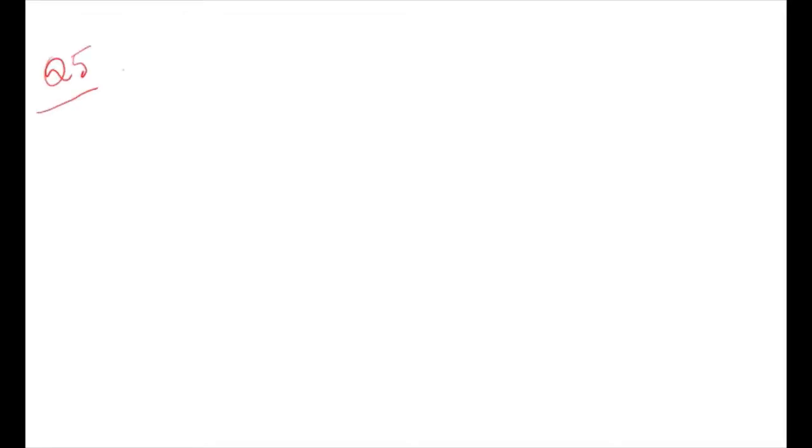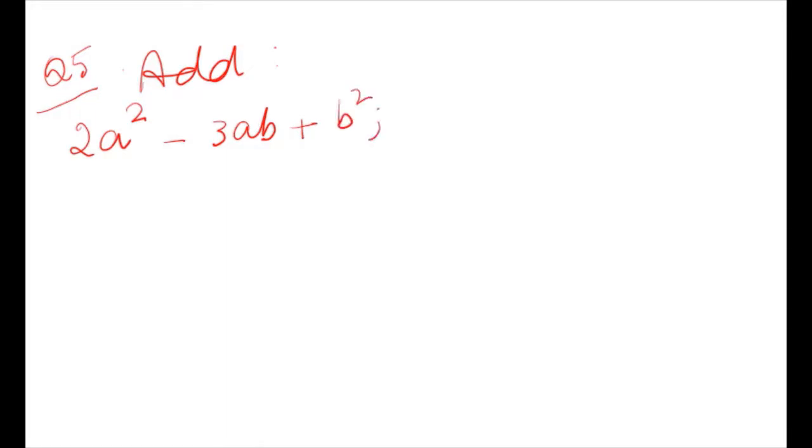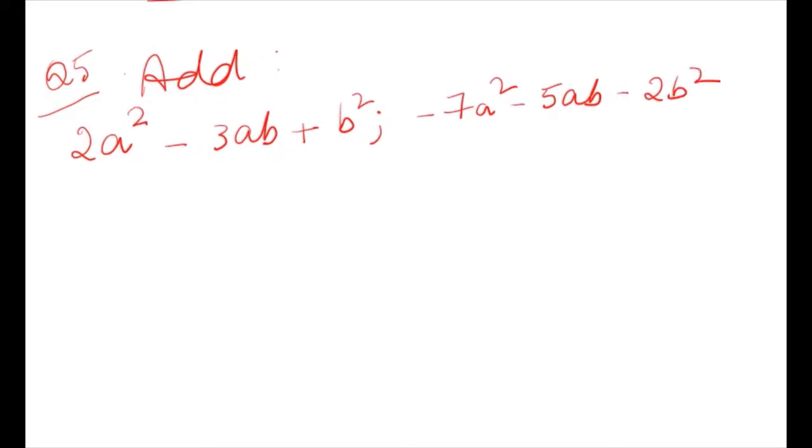Question 5. Now the next question is: add 2a square minus 3ab plus b square, then minus 7a square minus 5ab minus 2b square, and 4a square plus ab minus 6b.